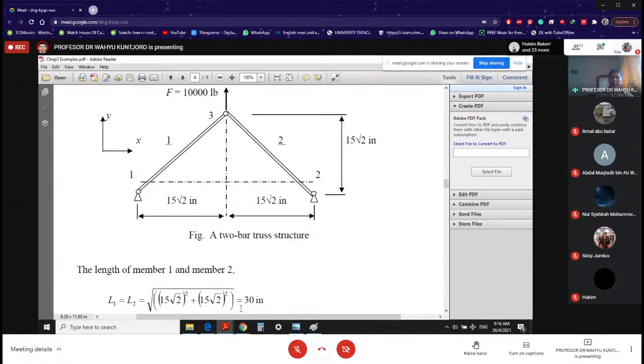Then you know that the length of each element is going to be 30 inch. So make sure that you know how to do this. Otherwise, you are going to make a mistake from the beginning. Okay. Once you have this, then of course you are ready to calculate your element equation.